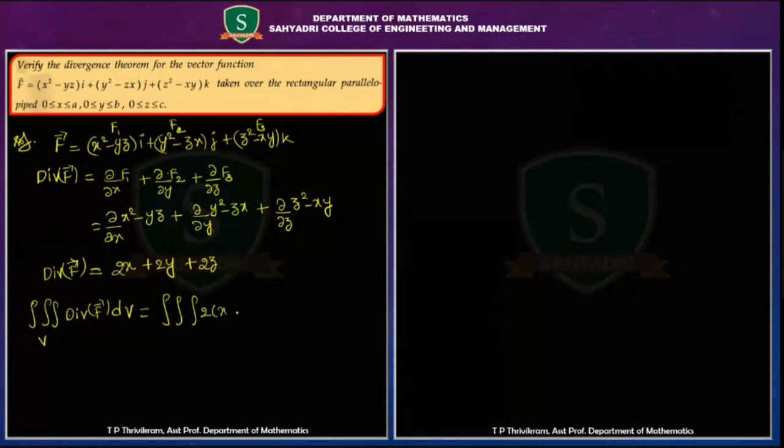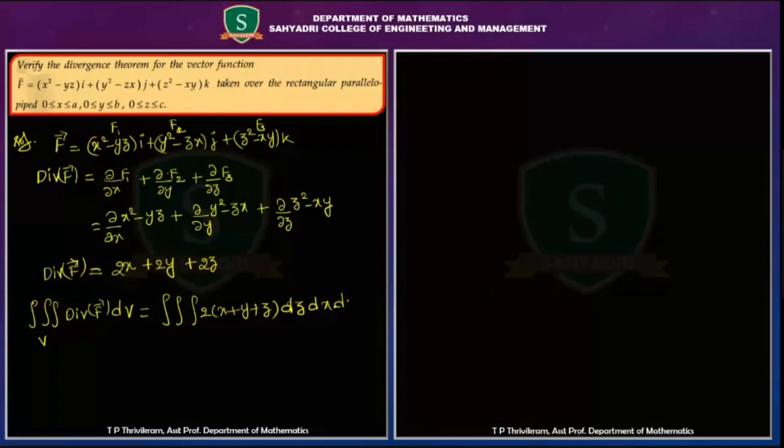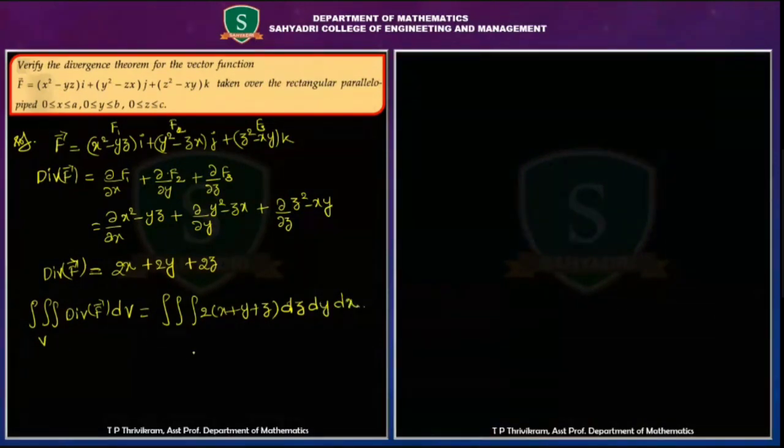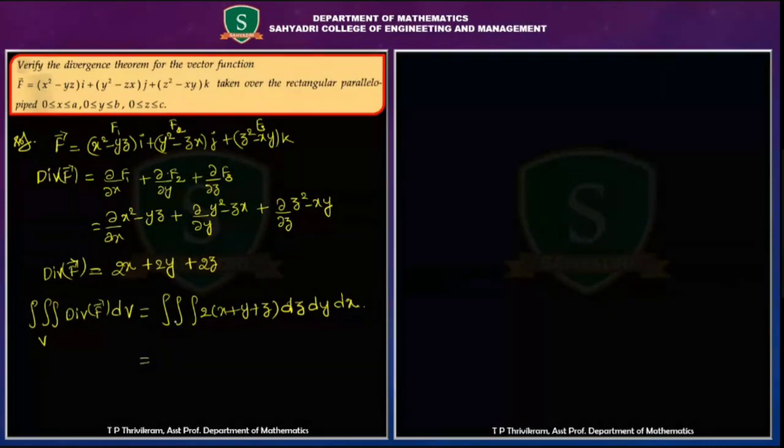So 2 into x plus y plus z. Okay. So here I am starting with dz, dx, dy. So this one is equal to, we need to write the limits.